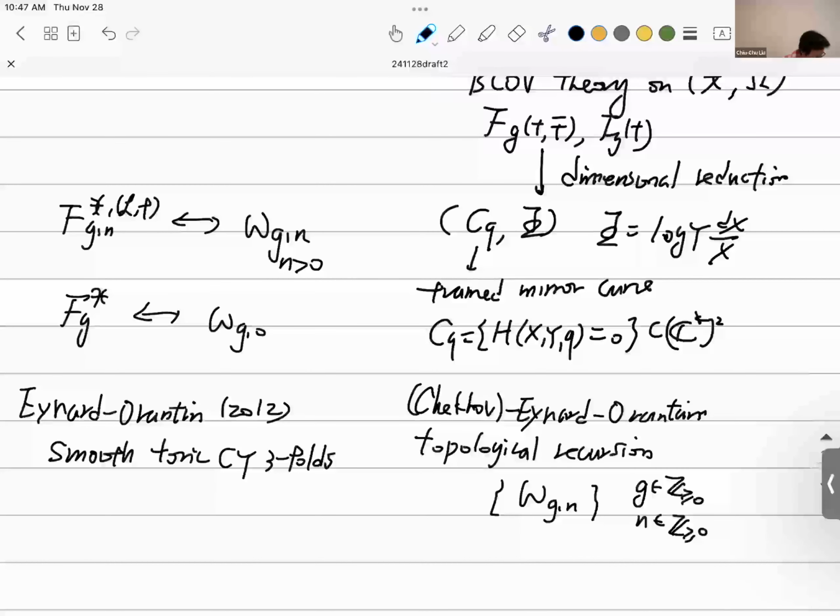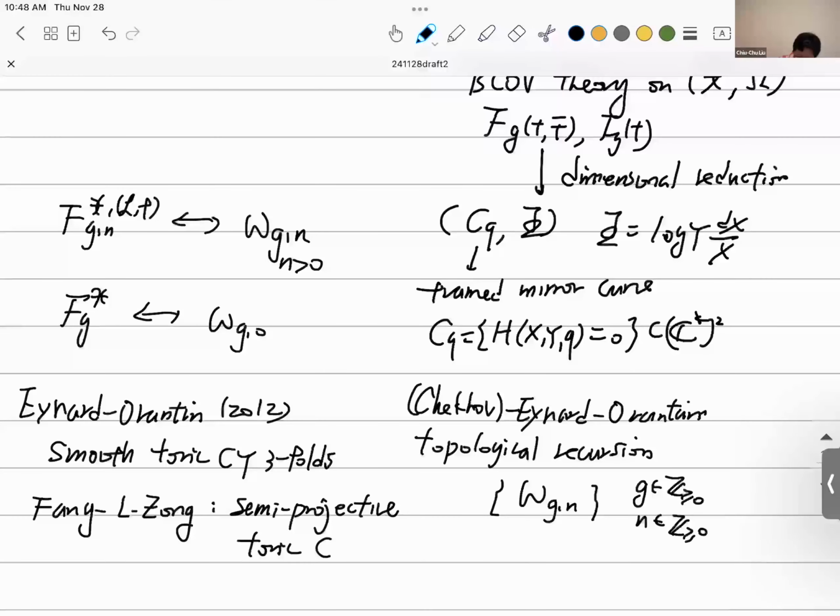And then, in joint work with Bohan Fang and Zhengyu Zong, who is at Tsinghua University, we do it for semi-projective toric Calabi-Yau 3-orbifolds.